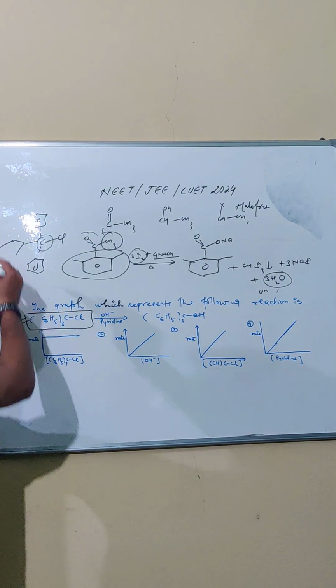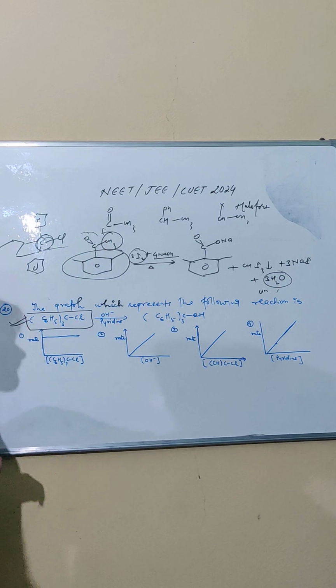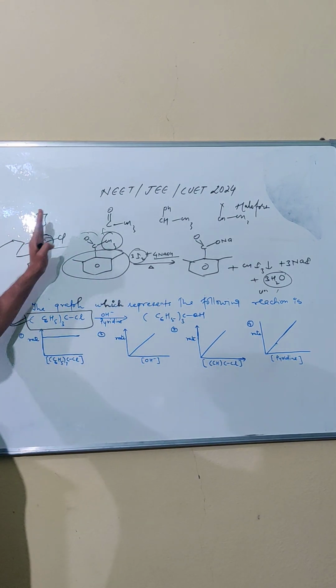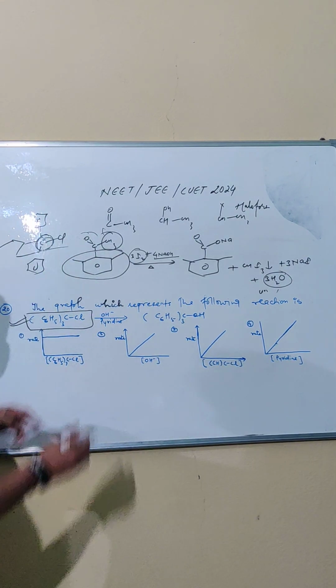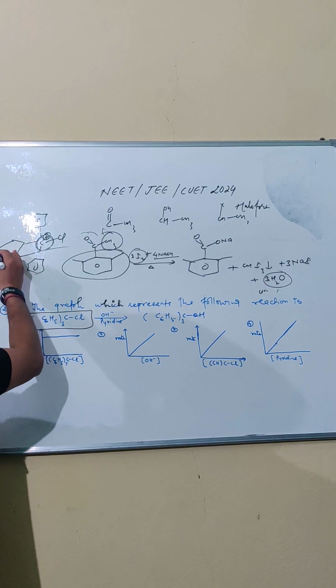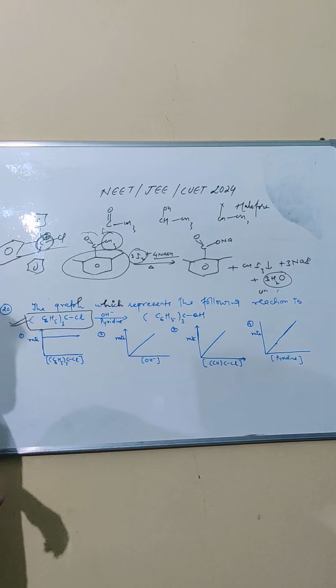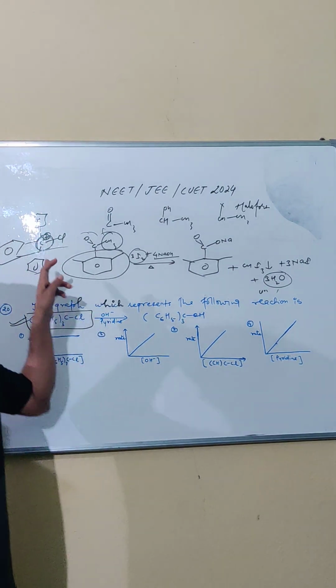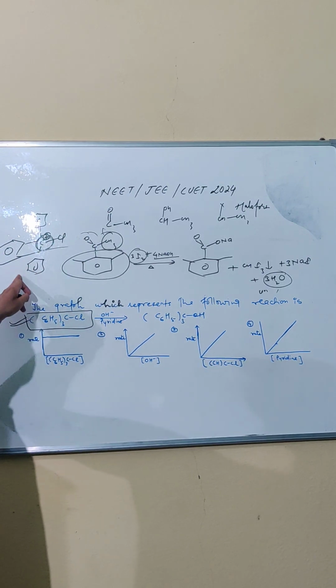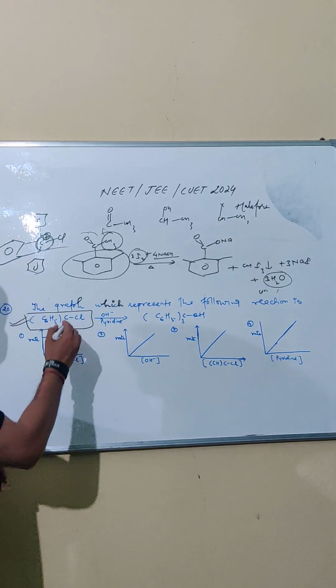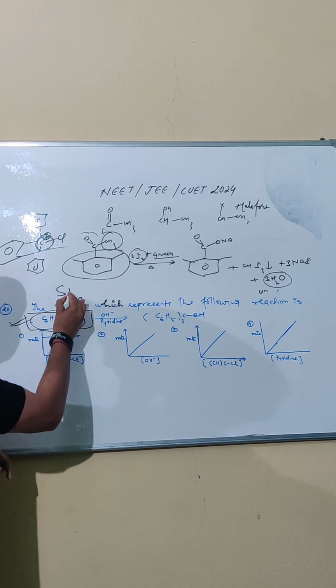So this is a 3 degree alkyl halide, and when this halogen departs, the carbon will have a positive charge, it will become a carbocation, and we know that this will be a very stable carbocation. Because this is a very stable carbocation, this molecule will give an SN1 reaction.